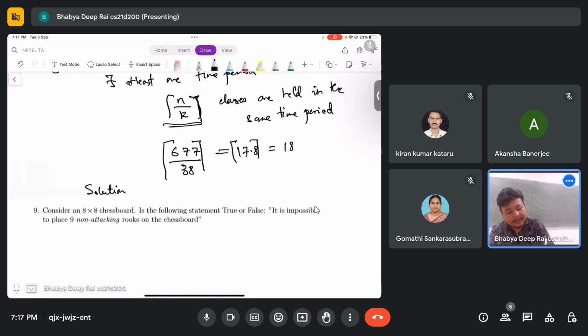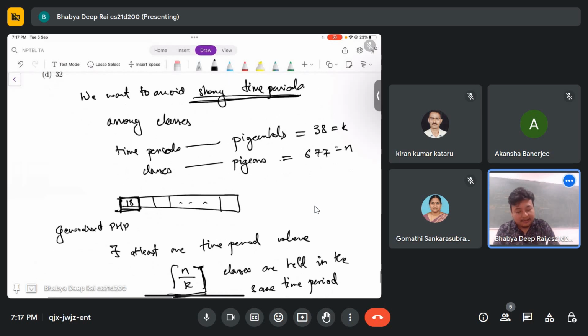Solution: allocate 18 classrooms. And now for that distribution where there are 18 classes in that one time period, the remaining in that particular distribution are guaranteed to be less than 18, right?